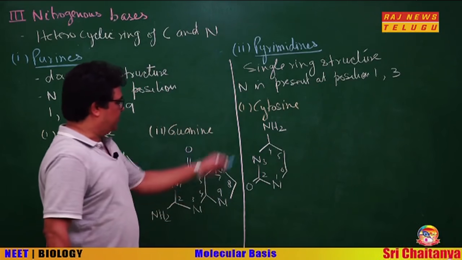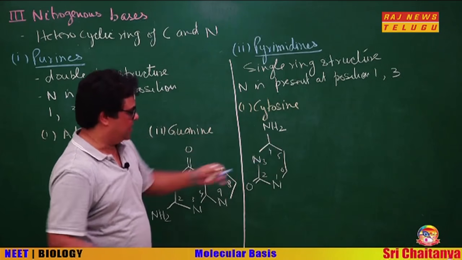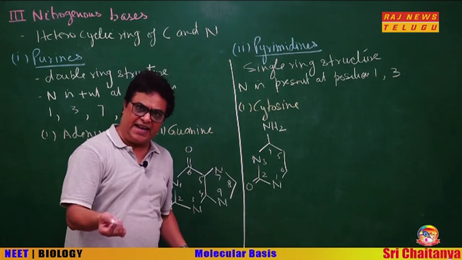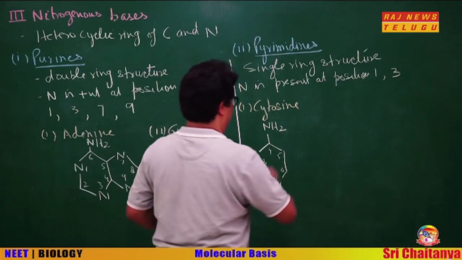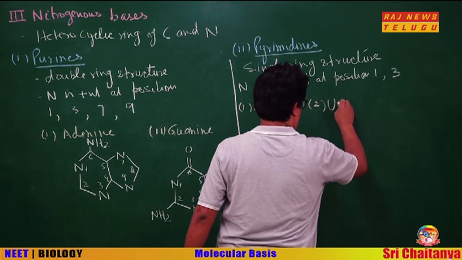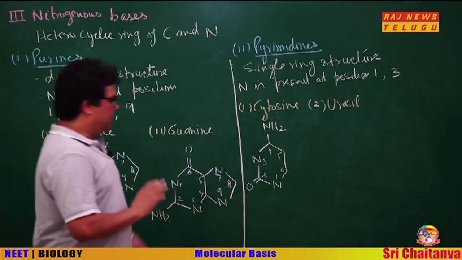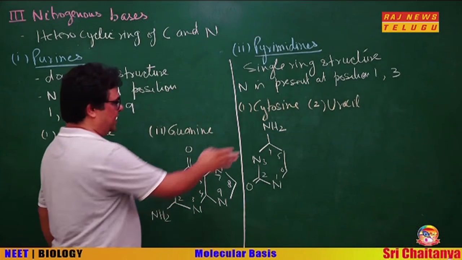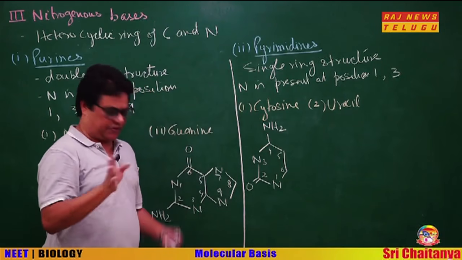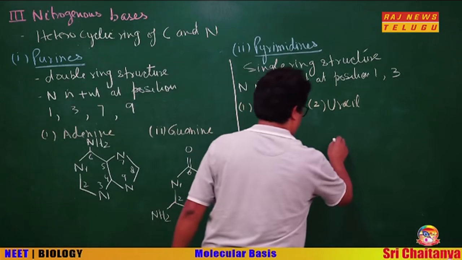So this is cytosine. At position 4 an amino group is present. This is common to both DNA as well as RNA. Then uracil. The only difference is that in uracil amino is replaced by oxo, and you know uracil is found only in RNA.